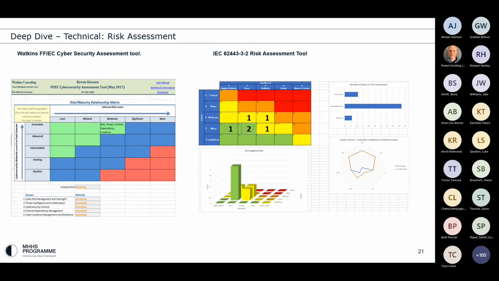So it is the output from those risk assessment tools. The one on the left is from the FFIEC, which is the freely available one. And as I mentioned, that takes into account 39 different risk assessment criteria in building this model.